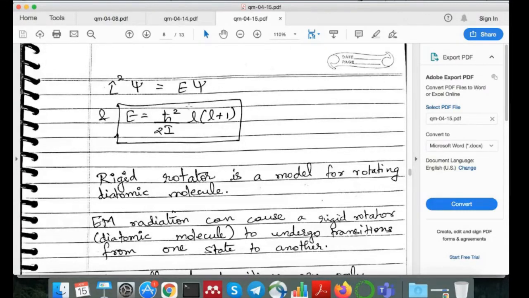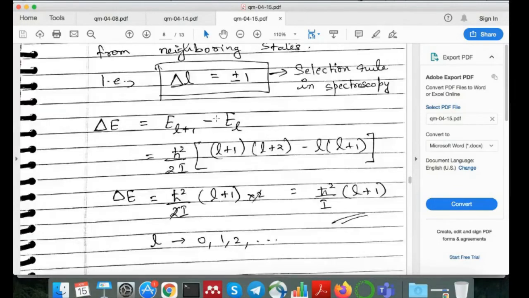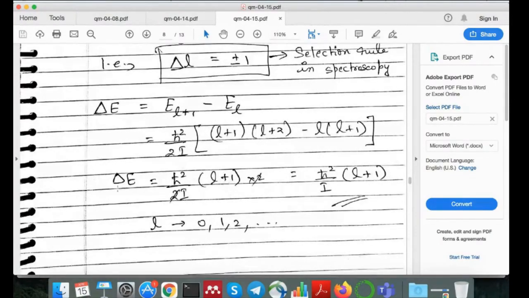Substitute L and you will get H cross square by I into L plus 1. That is your delta E. Again, L can go from 0, 1, 2, etc., up to N minus 1.